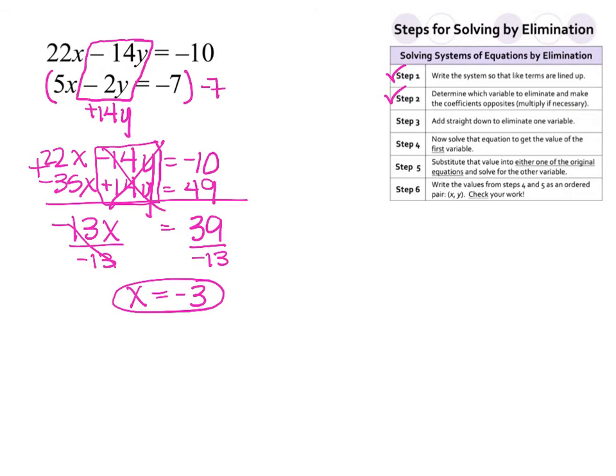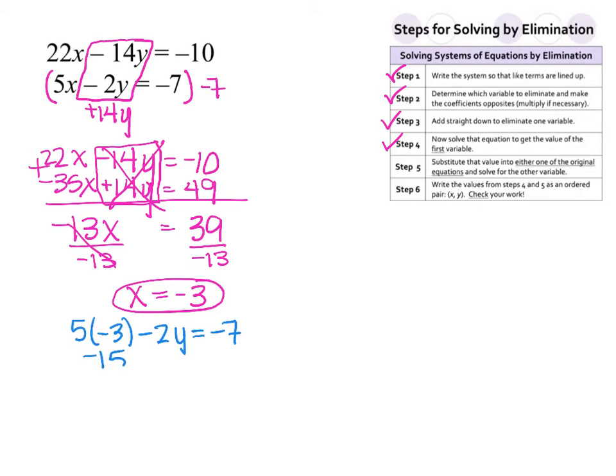Once I find x, my next job is to find y. And I do that by filling x back into one of my original equations. I'm going to use the second one because it looks like it has smaller numbers. So 5x, 5 times negative 3 minus 2y is supposed to equal negative 7.